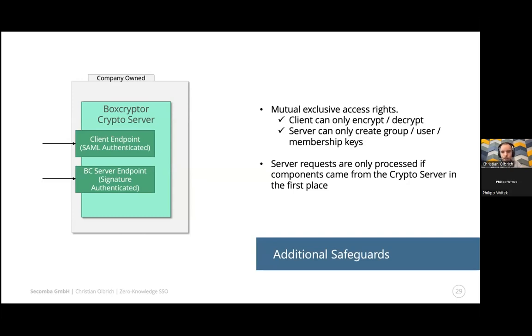He cannot actually create any groups, users, or even memberships. Then we've got the Boxcryptor server endpoint, and this one is authenticated by the Boxcryptor server signature. And the server in turn can only create groups, users, and memberships, but cannot actually decrypt anything.